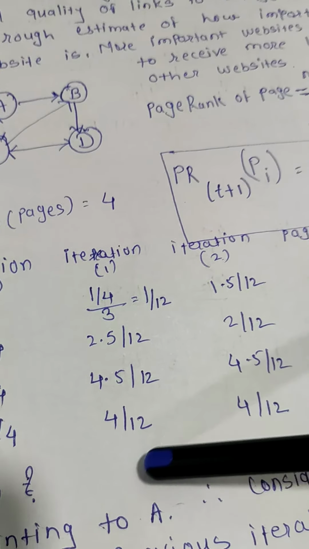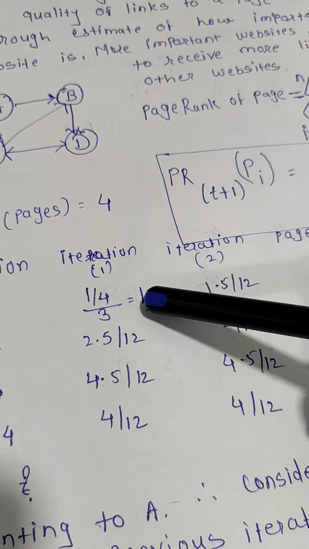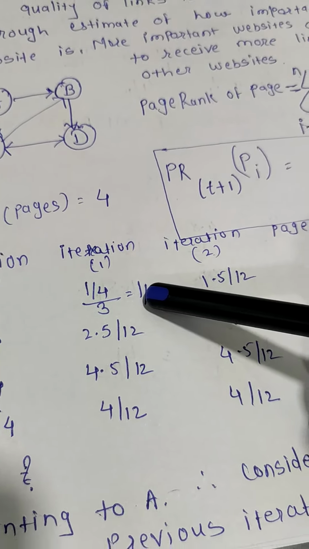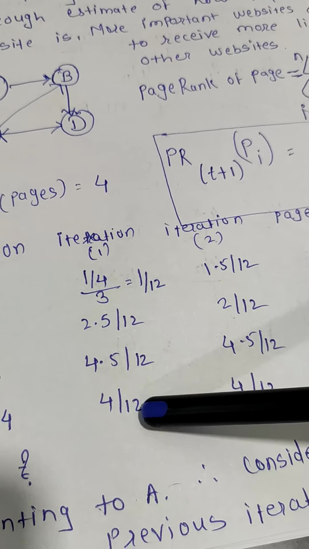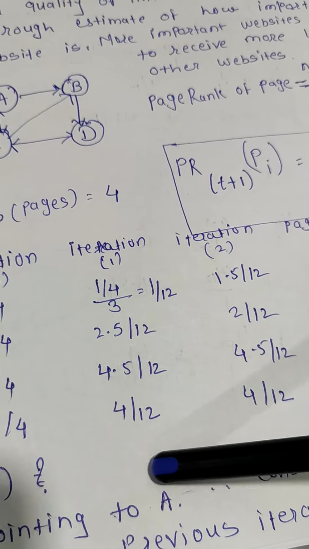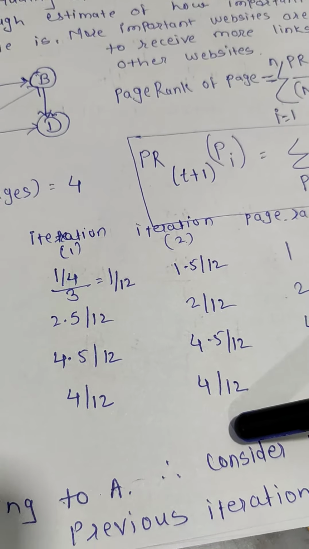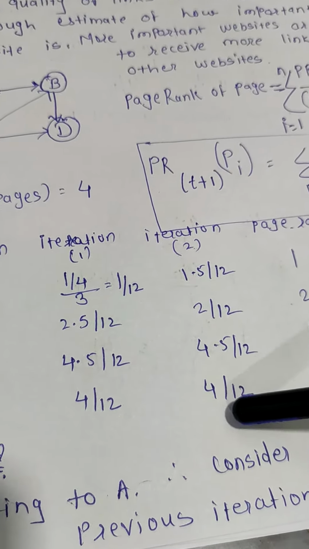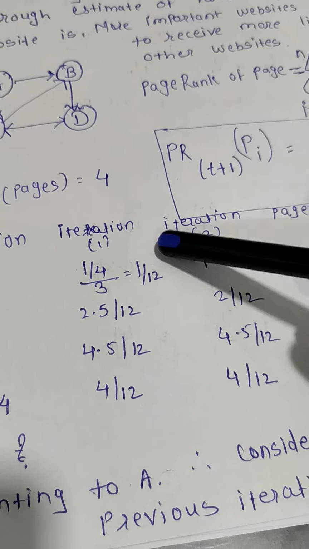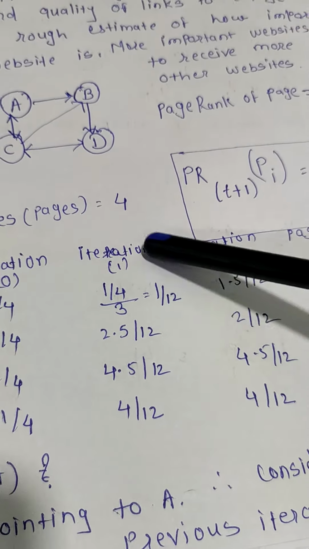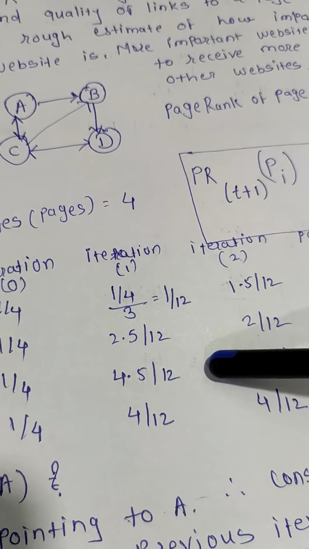At the end we should get 1. So if you add page rank of A, B, C and D, you should get 1. After every iteration, if you add page ranks of all sites, you should get 1. This is a cross check to see whether your calculation is correct or not.